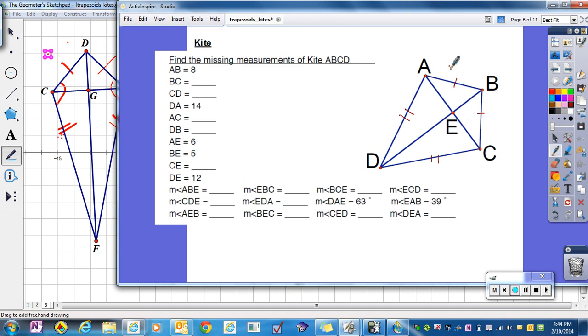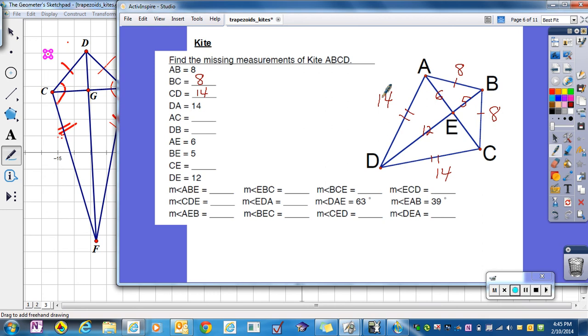So we have AB is 8, we have DA is 14, we have AE is 6, we have BE is 5, and we have DE is 12. So if AB is 8, that means that BC is also going to be 8. And if AD is 14, CD is also going to be 14.